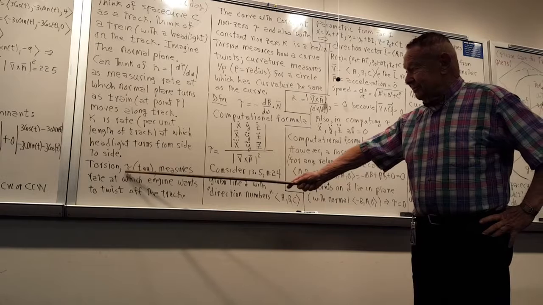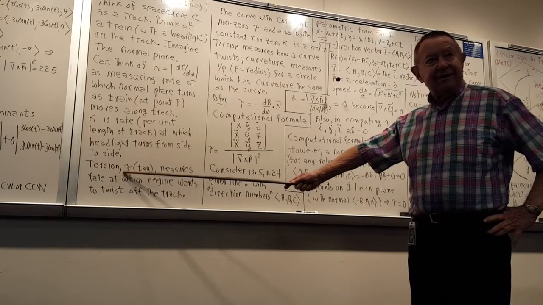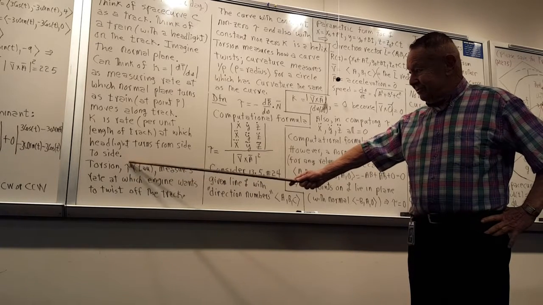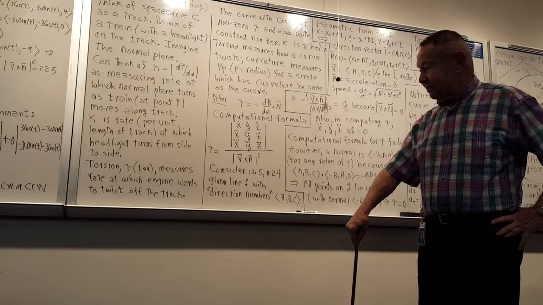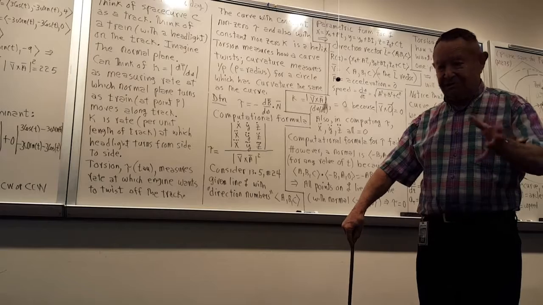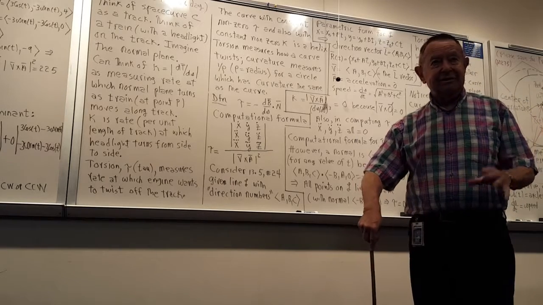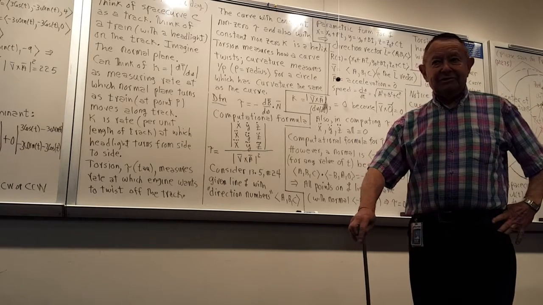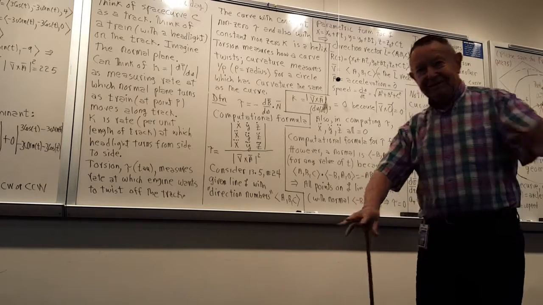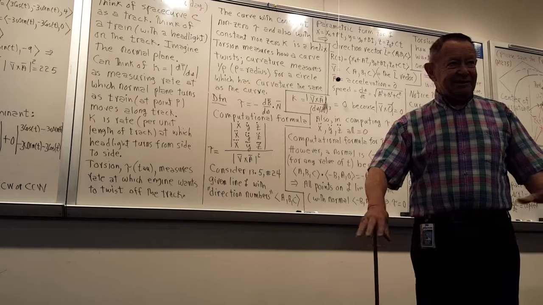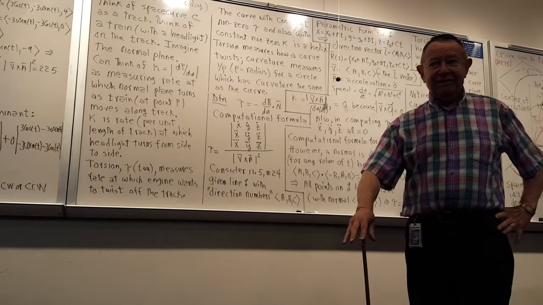Then the torsion, which we're going to learn to calculate today, this is the Greek letter tau, measures the rate at which the engine wants to twist off the track. If you've ever ridden a train, if you stand up anyway, you can feel the thing kind of twist. I'm exaggerating a little, but you can certainly feel it.